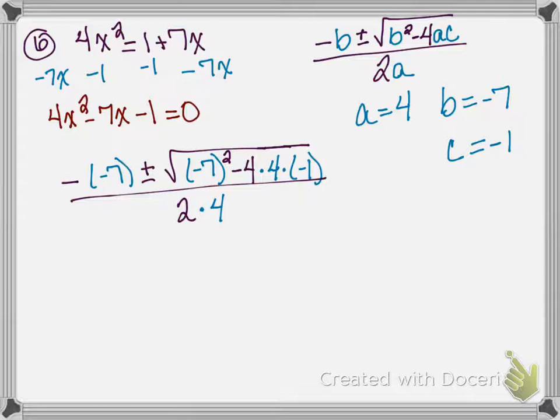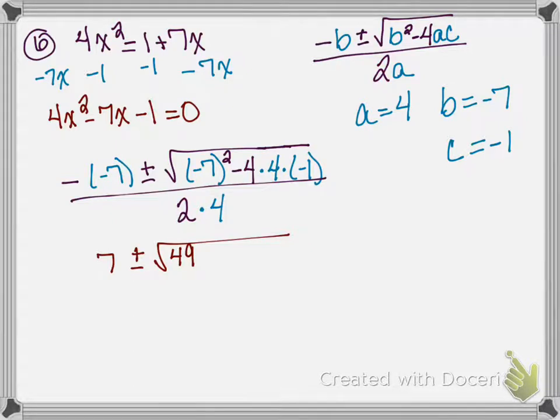Negative 7 is positive 7 plus or minus the square root. Negative 7 squared. That parenthesis is super important. Negative 7 squared is 49.